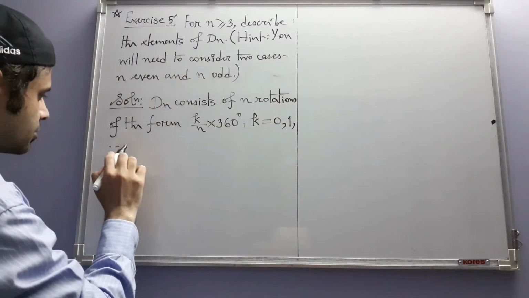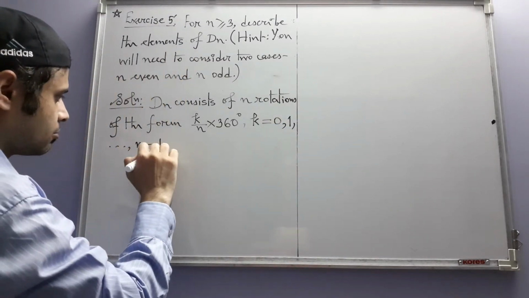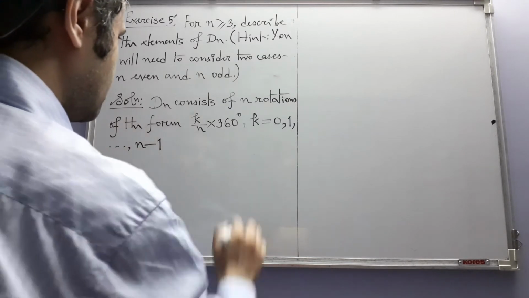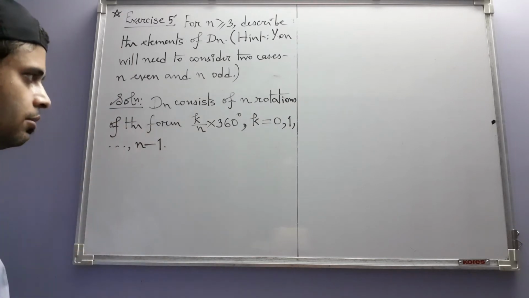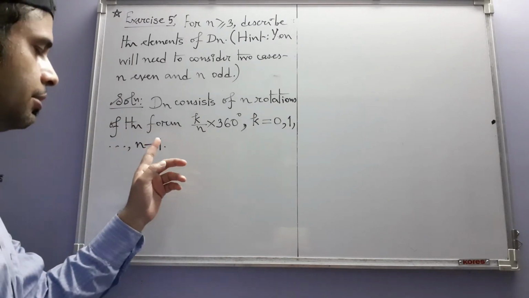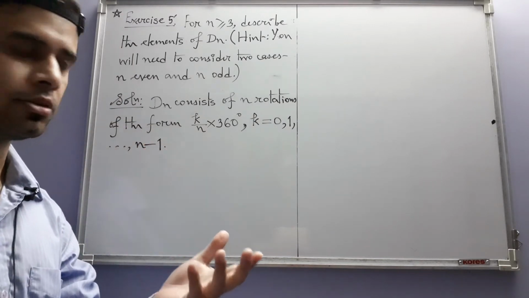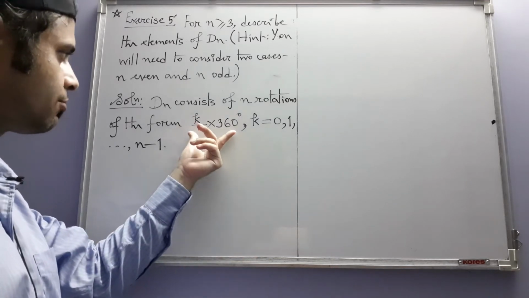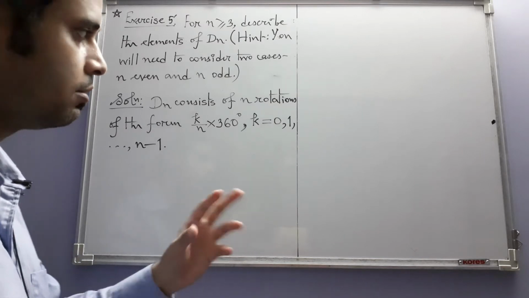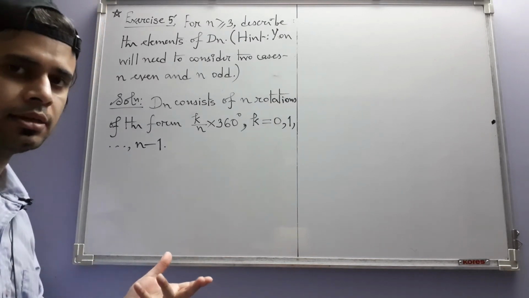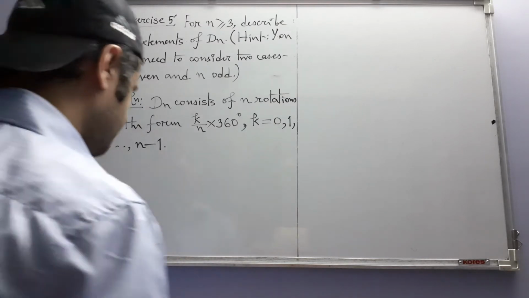Zero, one, etc., n minus 1. Okay. So Dn consists of n rotations of the form, meaning this is the angle through which we will be rotating the figure, the n-sided regular polygon.